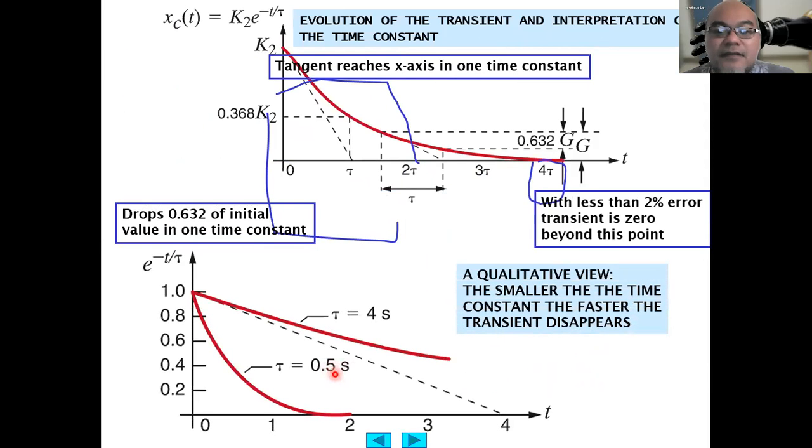When tau is 0.5 seconds, for example, the drop is even faster, but when it is 4 seconds, the slope is shallower, not too steep. The smaller the time constant, the faster the transient disappears.